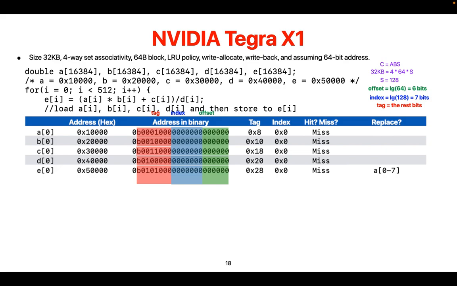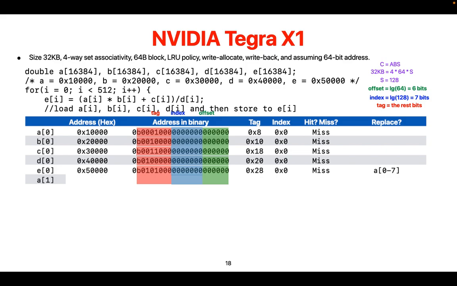So now, what's the next element we are going to access, given we have already gone through A, B, C, D, E's zeros? A1. What's the address of A1? 10,001? This is a double number, right?